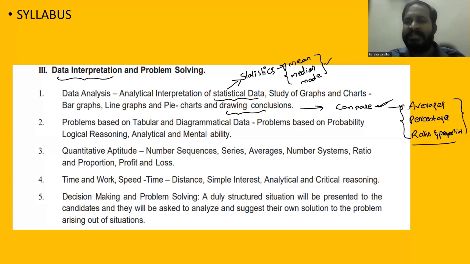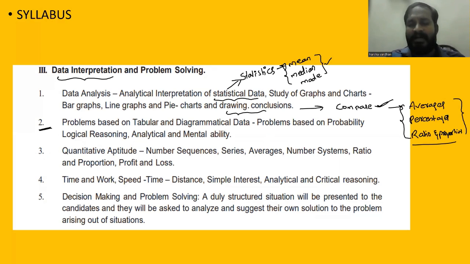Without knowledge of these three areas, there is no chance that you are going to solve questions from data interpretation. Definitely, you should have solid knowledge in these three concepts. Then only you will solve the questions regarding the data. Next, see here. What they are saying is problems based on tabular and diagrammatical data.